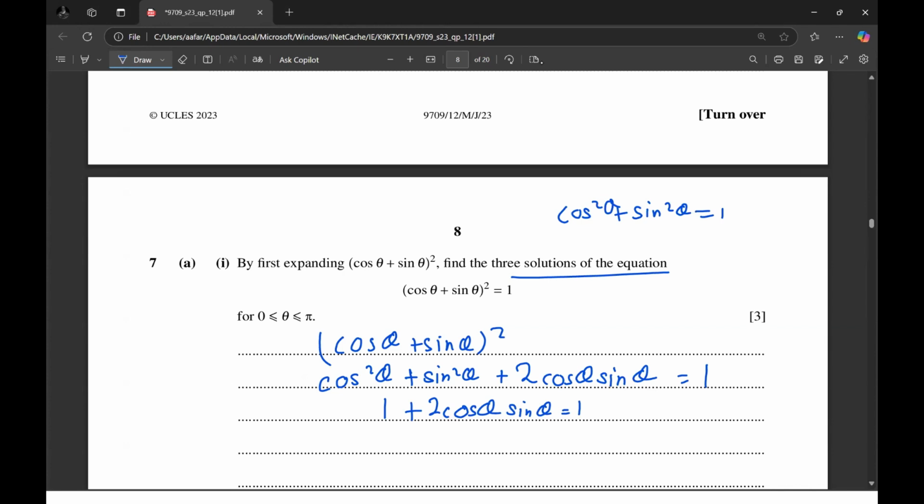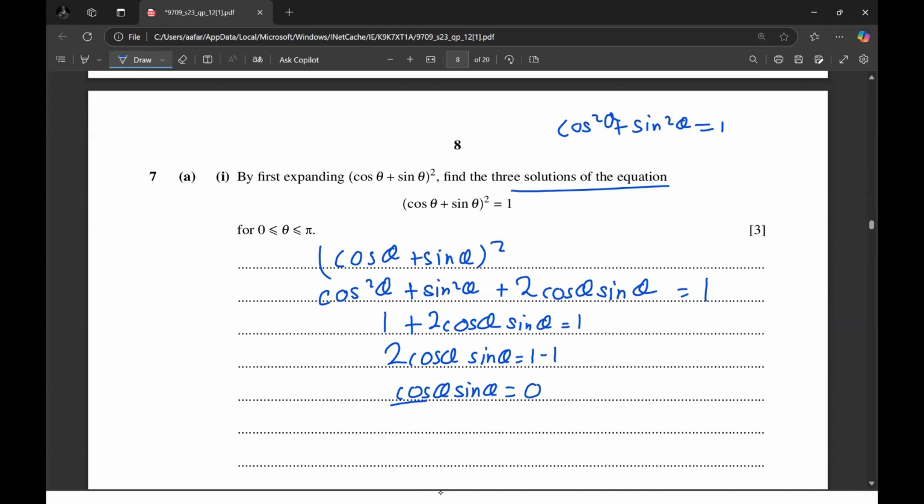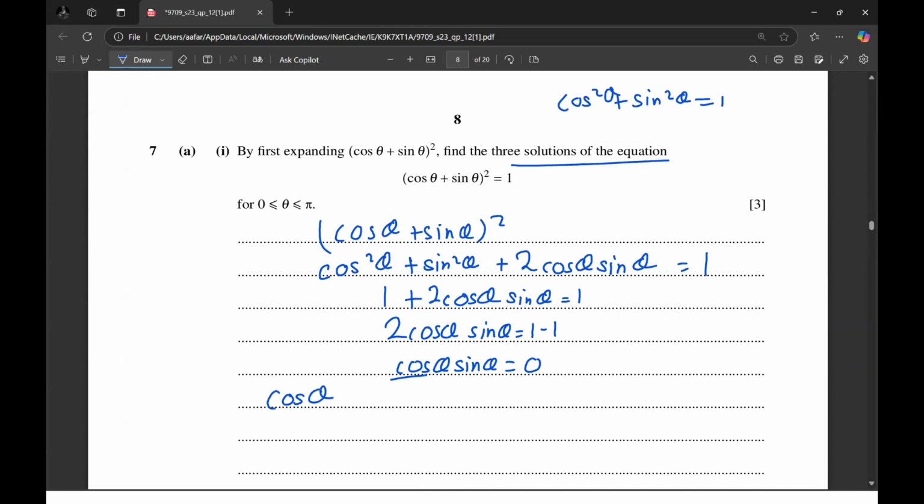So what we get is 2 cos theta sin theta equals 0. So cos theta sin theta is basically equal to 0. So it's either cos theta is equal to 0 or sin theta is equal to 0. We do both separately: cos theta is equal to 0, sin theta is equal to 0.